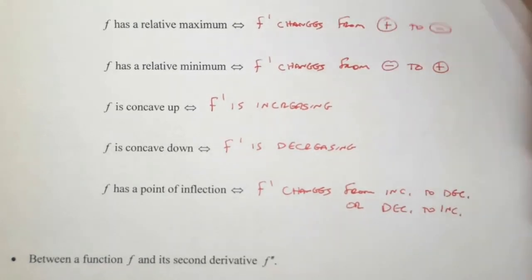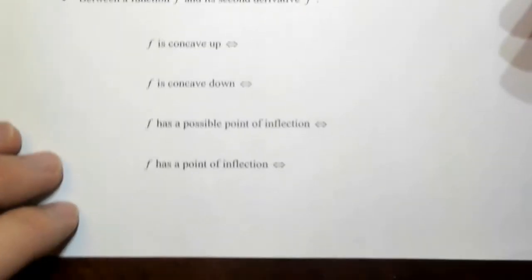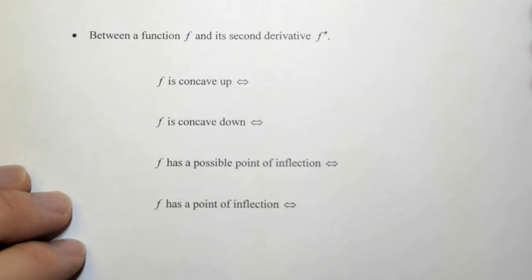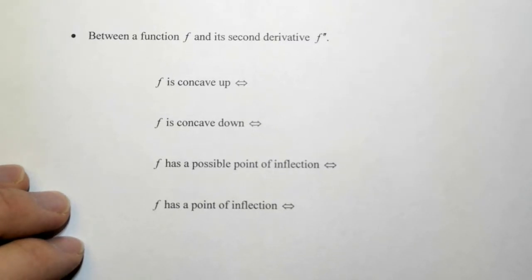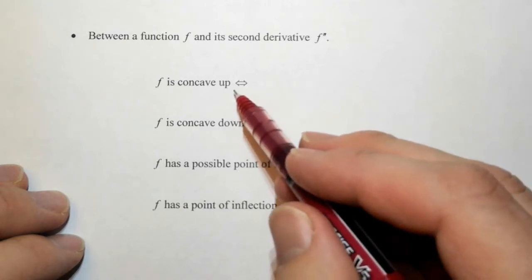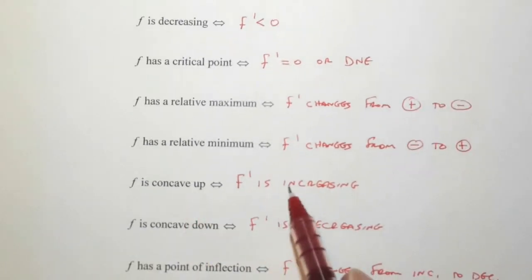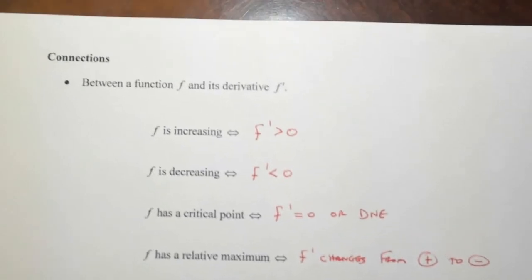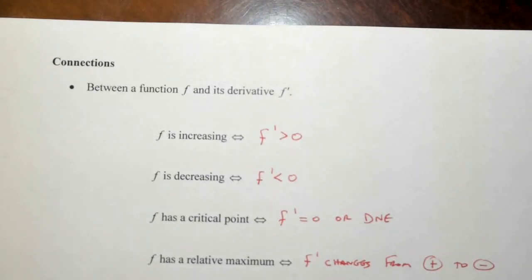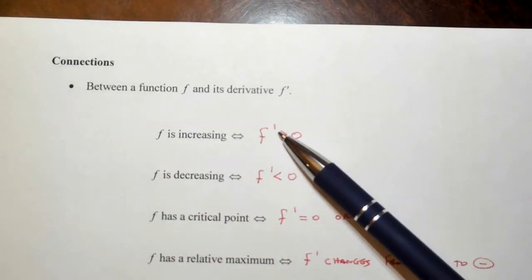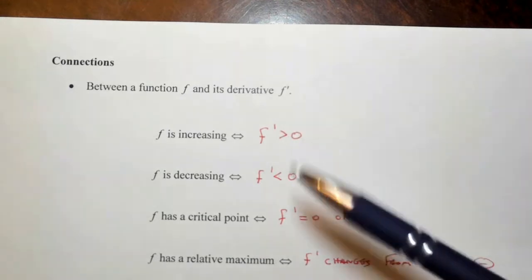Now, we also want to look at connections between a function and its second derivative. Well, how can we do that? When is a function concave up? Well, a function is concave up when the derivative is increasing. But watch what I'm going to do up at the very top. I know that a function is increasing when the derivative is positive.